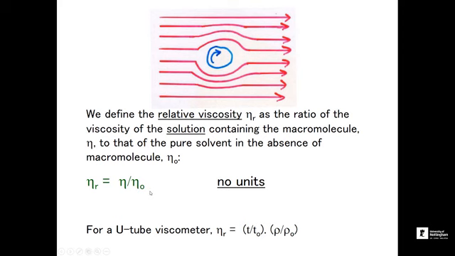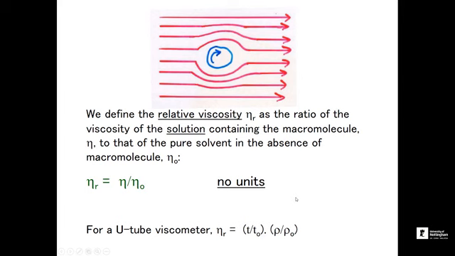Yeah, water or sodium chloride solution at an ionic strength of 0.1. You know what that means now, don't you? Ionic strength. So it's the ratio of the viscosity of the solution to the viscosity of the solvent, and therefore it has no units. No units, no poise, none of this, no units.